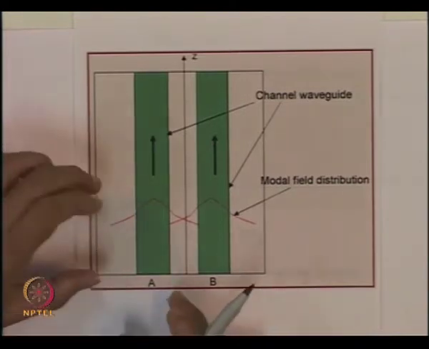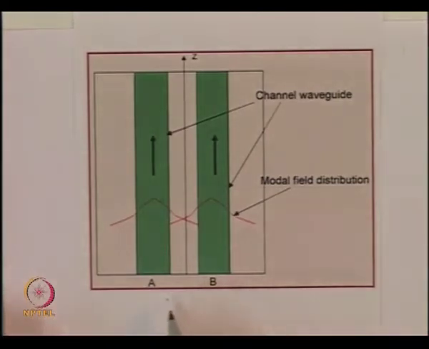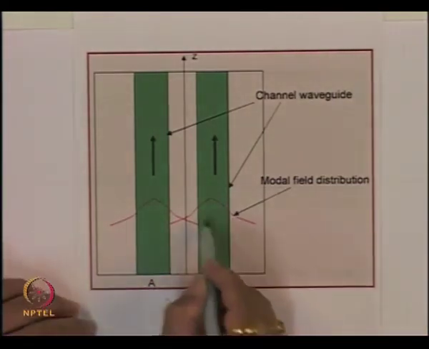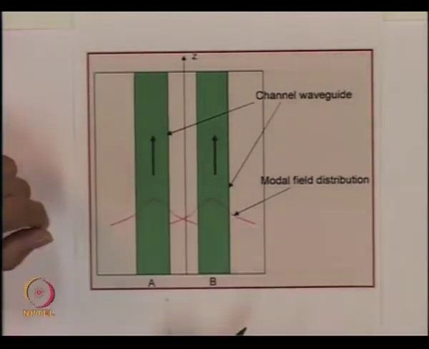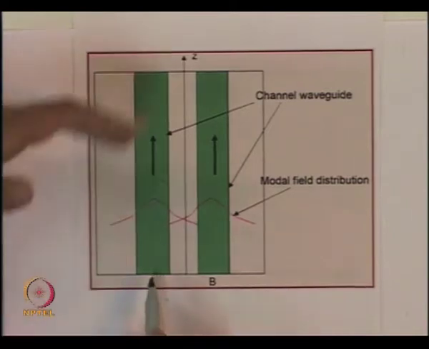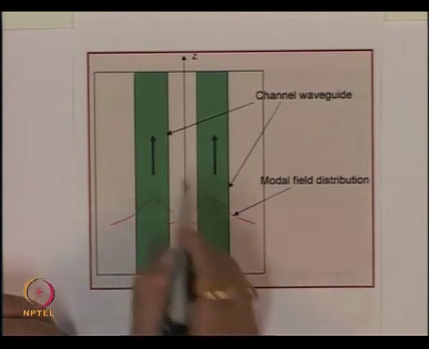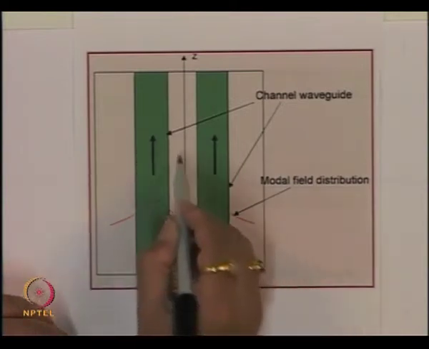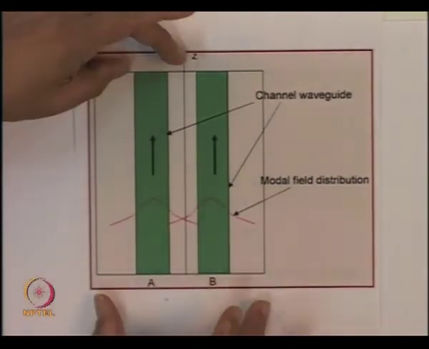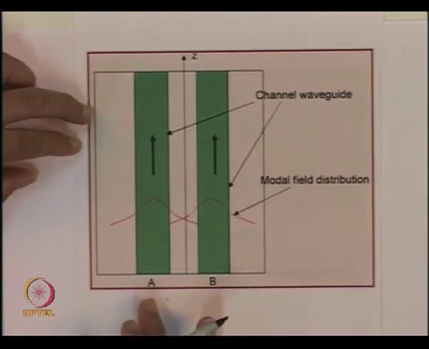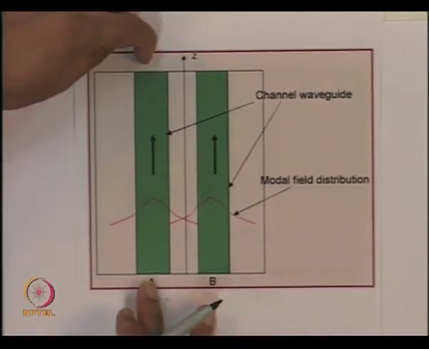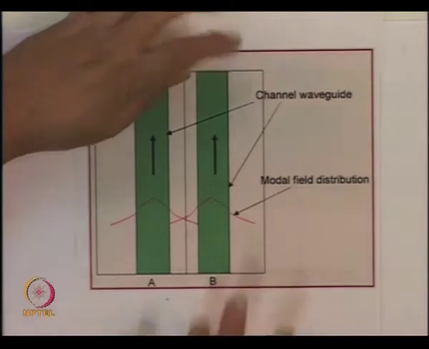Whereas if I take a length equal to two coupling lengths, then the power would go here and come back as if nothing has happened, because I connect the power here and we receive the power here. So you will see that internally power is moved this way, but externally, as a module, power is connected to this waveguide and appears at this waveguide, as if this waveguide has not done anything.